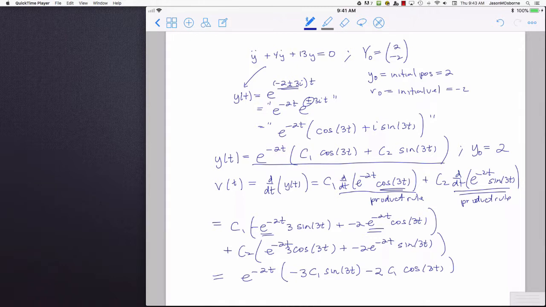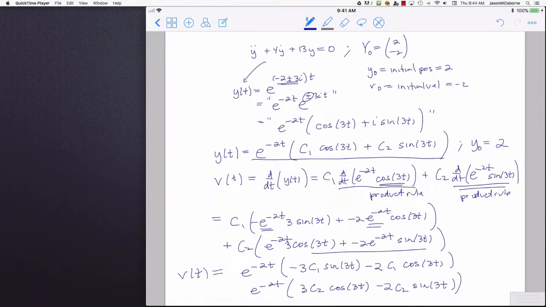And then you'll get terms when you factor out down here e to the negative 2t, 3c2 cosine of 3t. Okay. And then you'll get minus 2c2 sine of 3t. And there's the formula for your velocity.